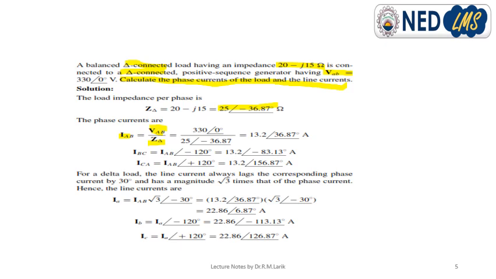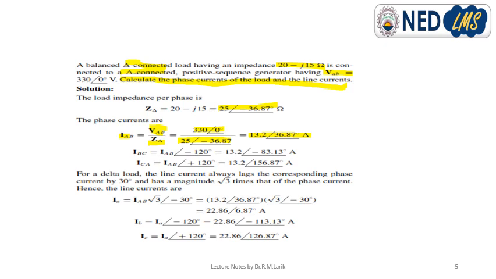So same voltage, that is 330 angle 0. The voltage that was line voltage you can use as a phase voltage in delta delta, and you just divide it by impedance, you will get the respective phase current, that is IAB.